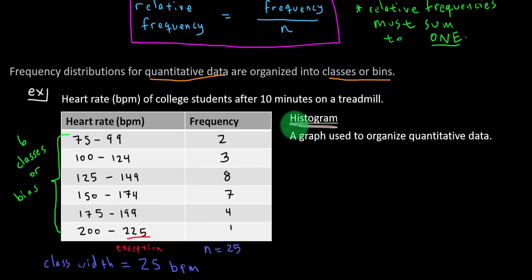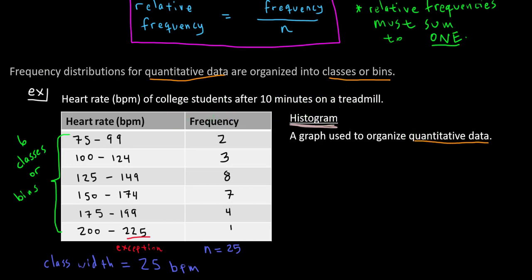We're going to describe a histogram. Rhymes with your favorite social media. This is a type of graph that is used to organize quantitative data. It's got a ton of similarities to the bar chart, but it does have some distinct differences.